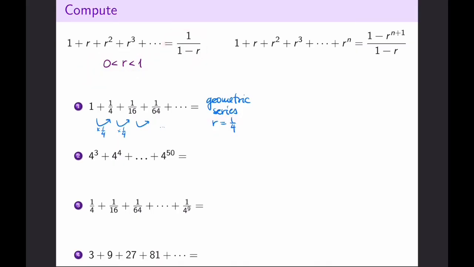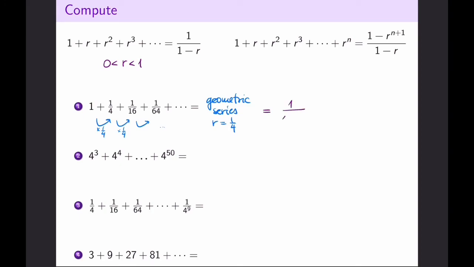The last thing we have to check is to make sure that the formula actually matches up. Notice that both of these formulas are for geometric series that start with 1 and proceed to higher powers of the fixed ratio. This sum does start at 1, so it matches this formula one for one, and therefore we can simply plug it in.